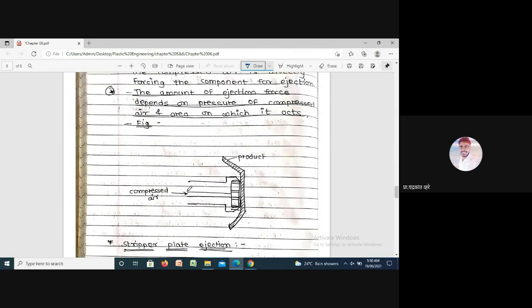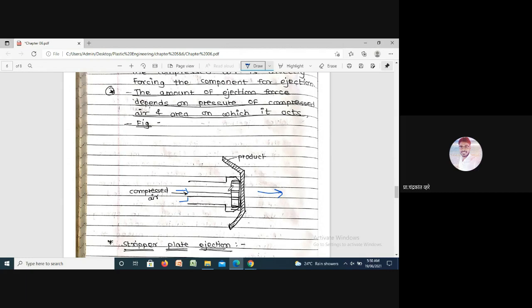We are attaching this compressed air by means of an MQC valve, and due to this, this part will move towards the upside. So this is simple.